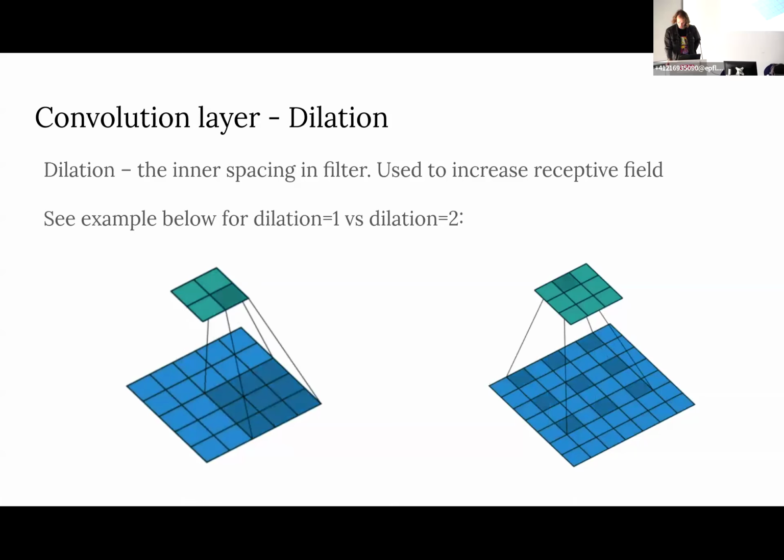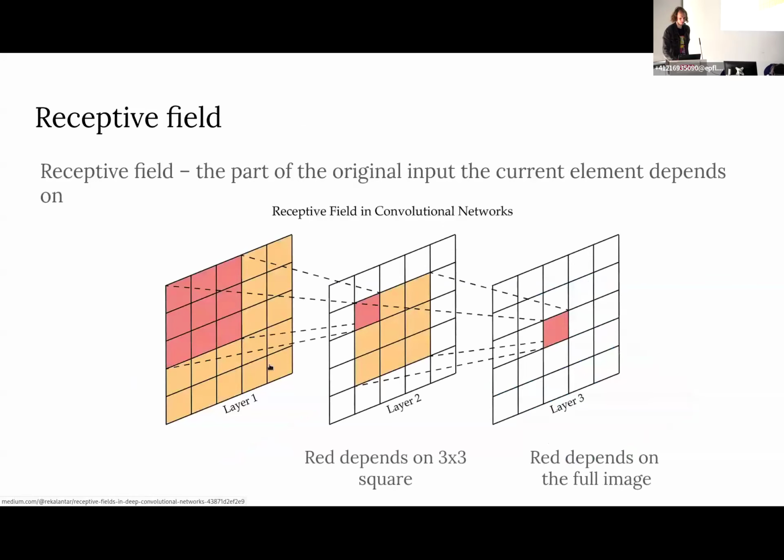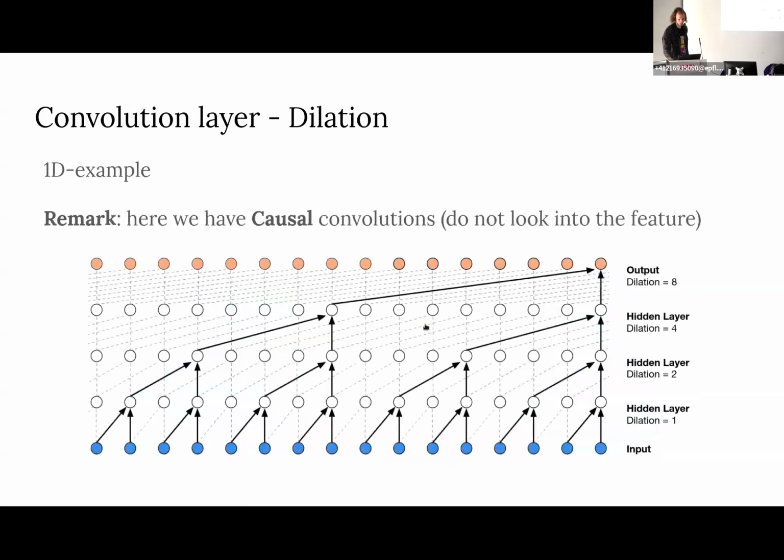So dilation would be useful when images are very high resolution in case of image recognition. Dilation would be helpful when you want to increase this receptive field. So you want to increase how much of your input your output depends on, without increasing the computational costs. This is a one-dimensional case, a similar thing.